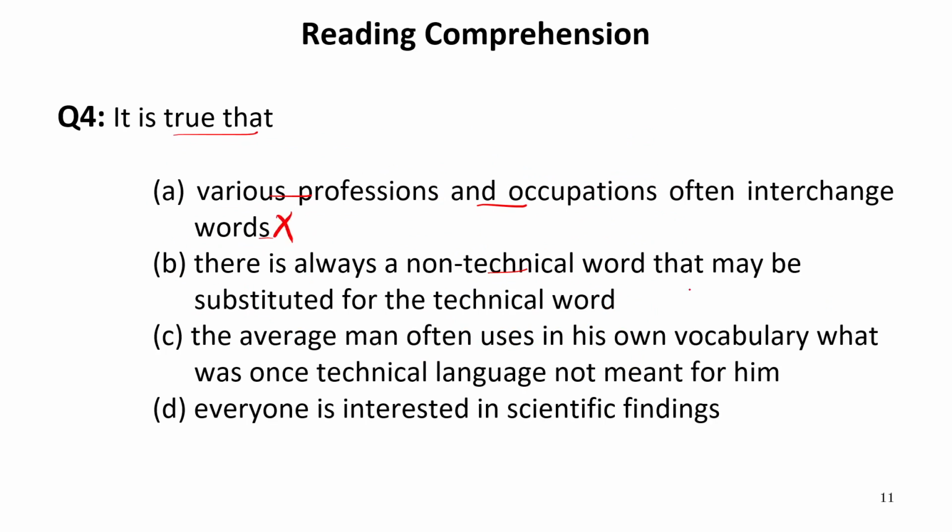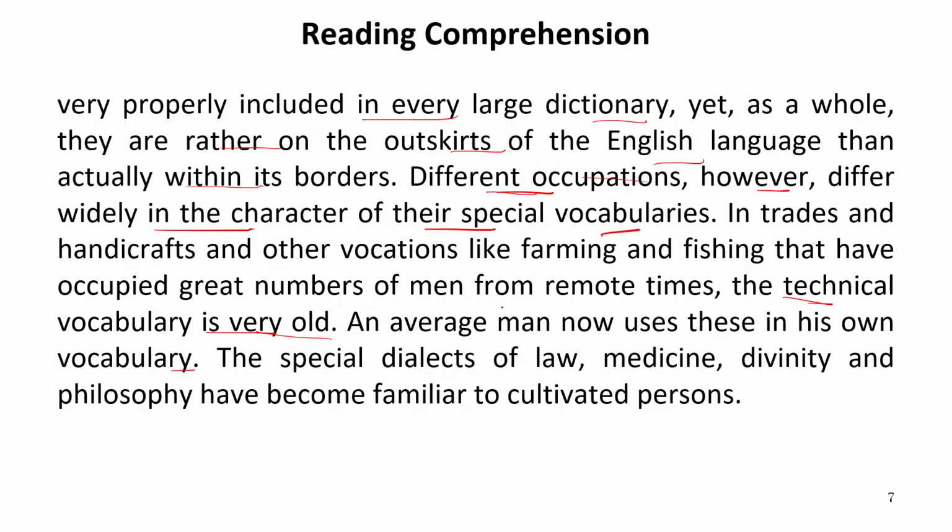There is always a non-technical word that may be substituted for the technical word. Now let us see this. In trades and handicrafts and other vocations like farming and fishing, they have occupied great numbers of men from remote times. The technical vocabulary is very old. Now, an average man now uses these in his own vocabulary.